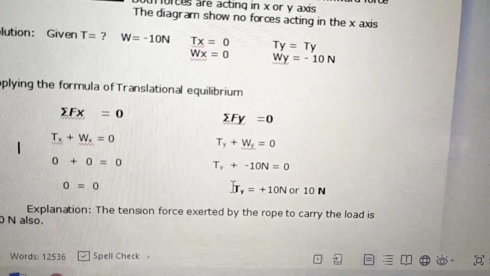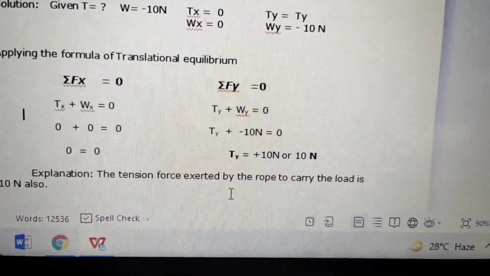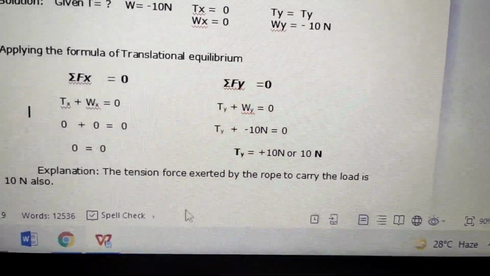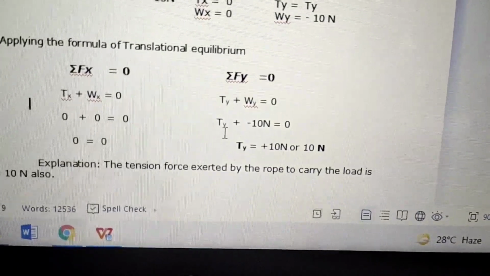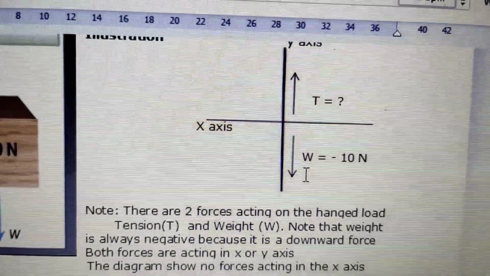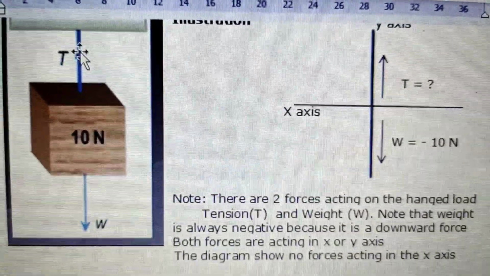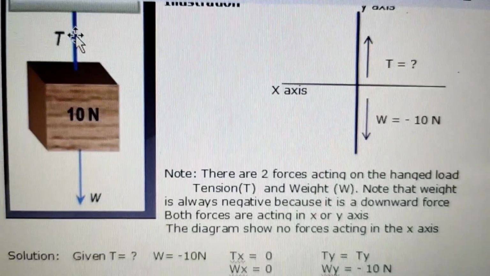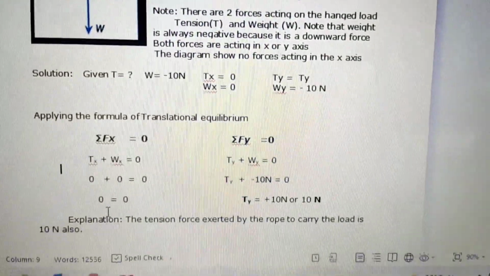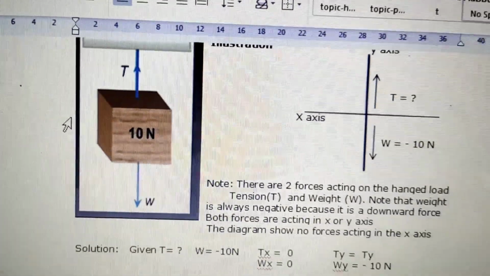So, the tension force exerted by the rope to carry the load is 10 newtons also. So, in order for this load to be in a balanced state, the rope should exert 10 Newton tension force in order for it to be in a balanced state.